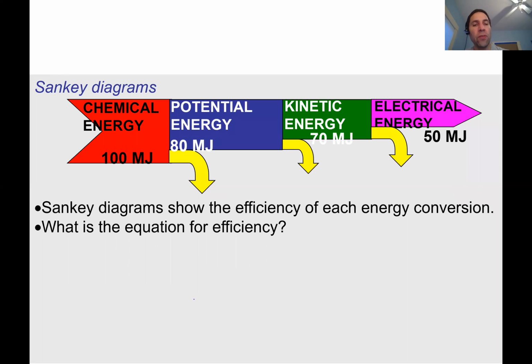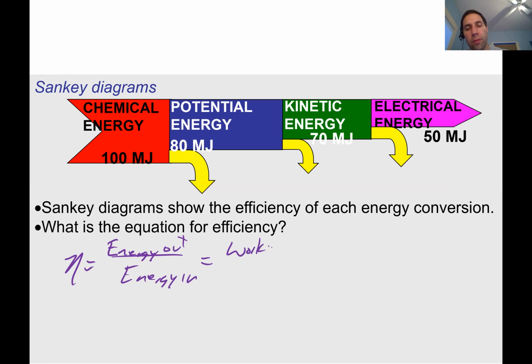Okay, so the equation for efficiency equals energy out over energy in. It can also equal work out over work in. It can also equal power out over power in. Those are three ways of expressing efficiency.